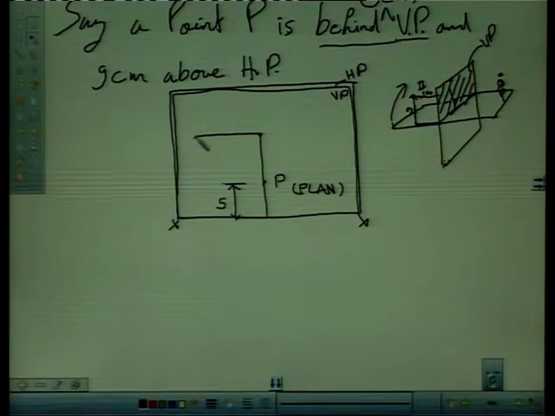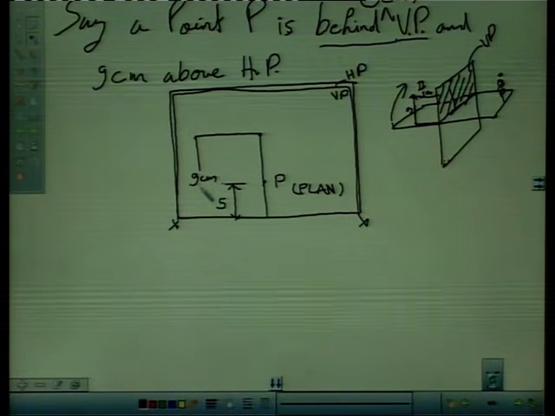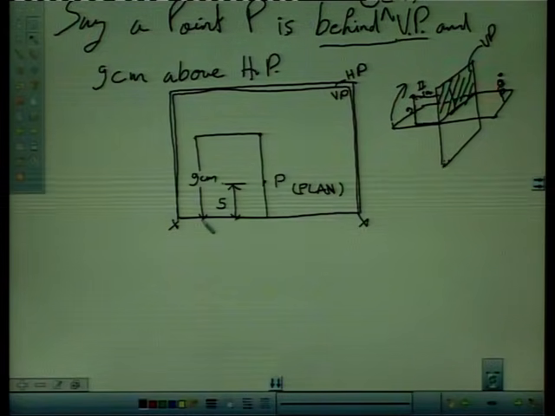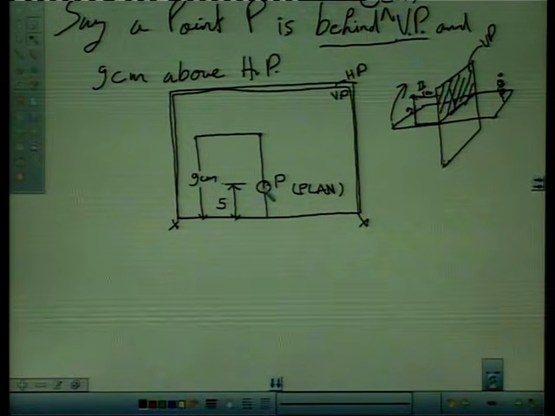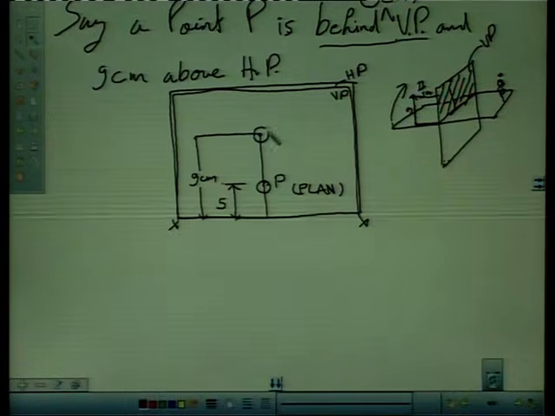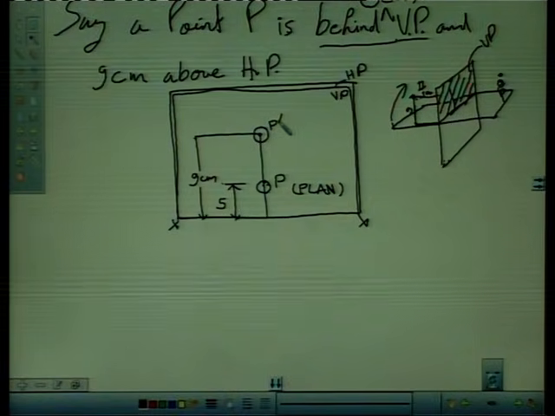Mark this as 9 centimeter. And mark this as P dash. This P dash is the elevation point.